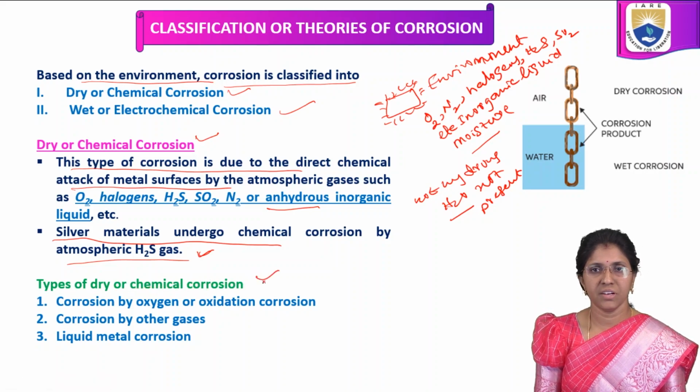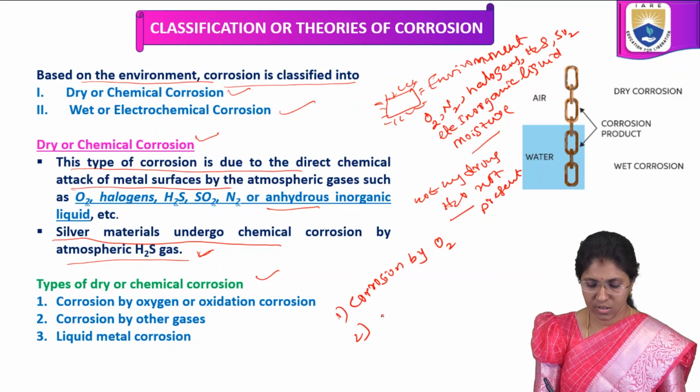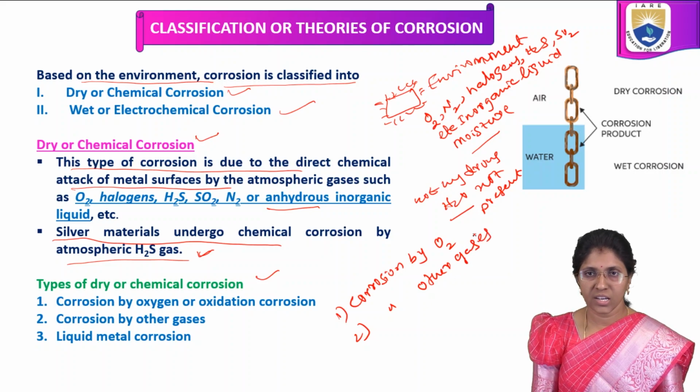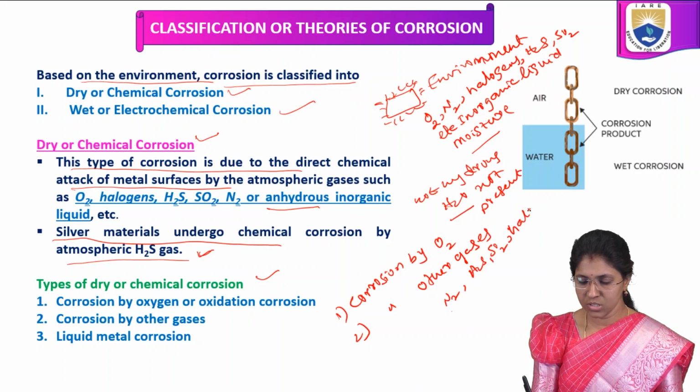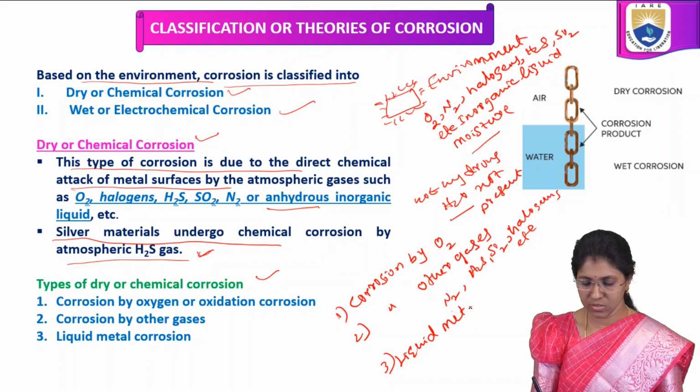This is again divided into three types. The first one is corrosion by oxygen, the second is corrosion by other gases other than oxygen, like nitrogen, H2S, SO2, and halogens, etc. The third one is liquid metal corrosion, which is due to inorganic anhydrous liquid.